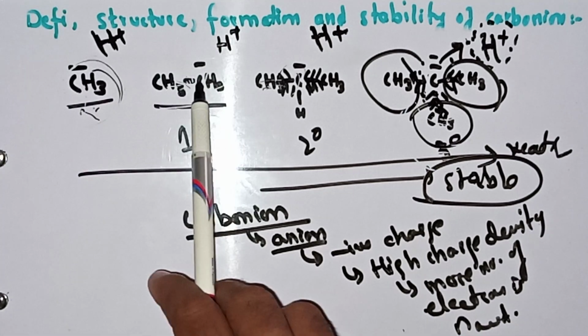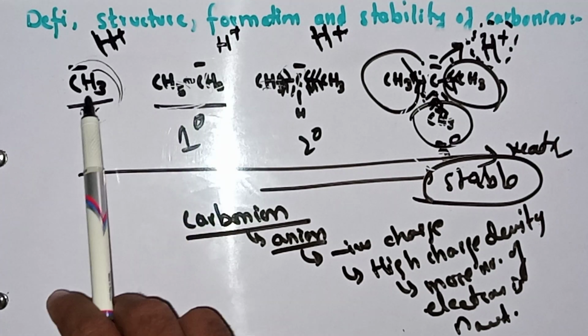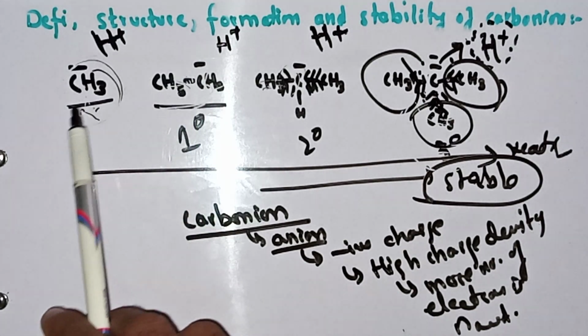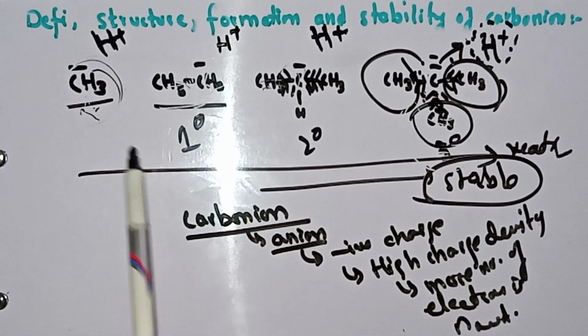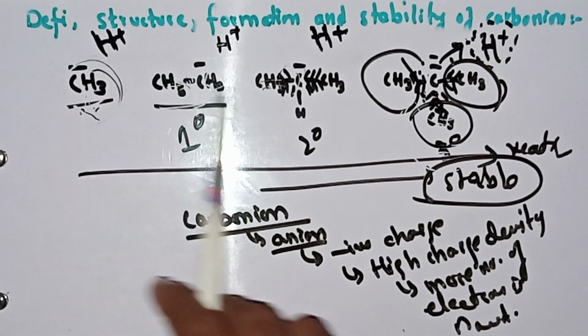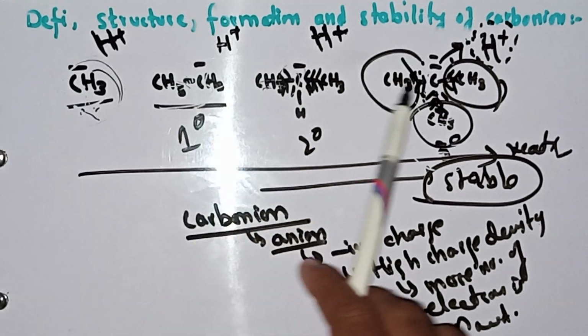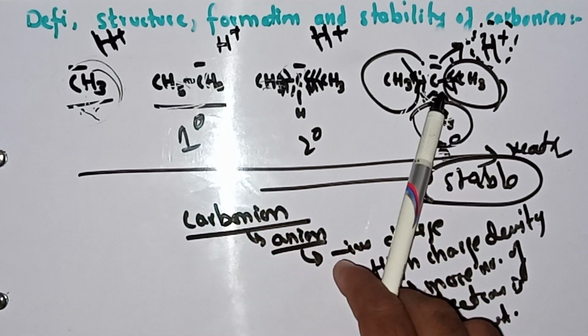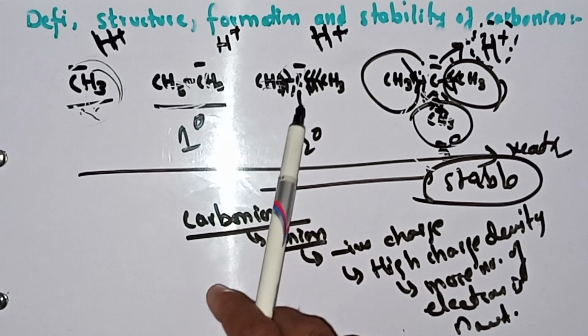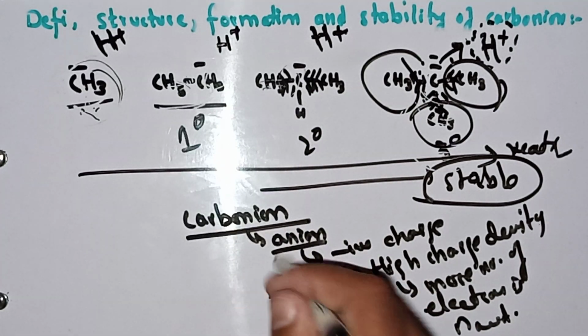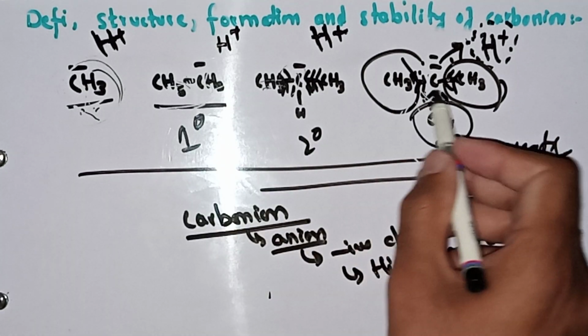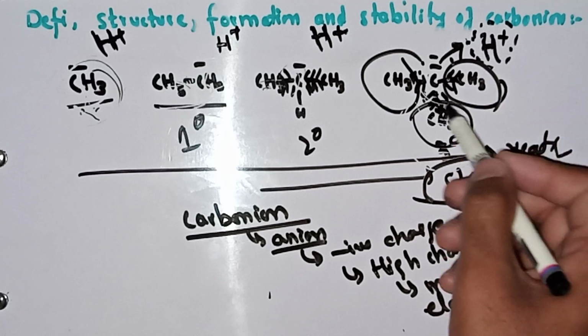But the primary carbanion has more electron density compared to the methyl carbanion. The secondary carbanion has more electron density than the primary carbanion, while the tertiary carbanion has more and more electron density than the secondary carbanion. That means the more the electron density, the more reactivity it will show towards the electrophile.